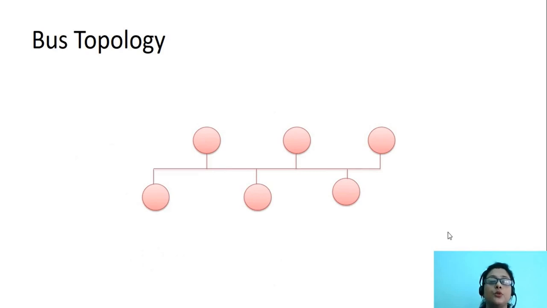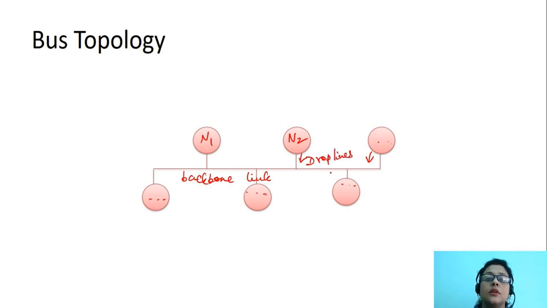Next we come to bus topology. This is an example of bus topology. In bus topology, all the nodes are connected through a central backbone link. And these are known as the drop lines.